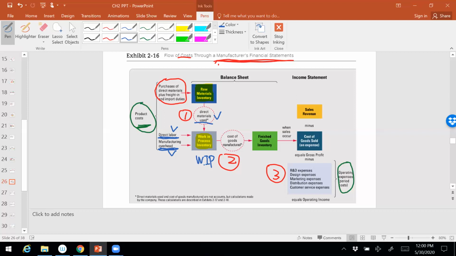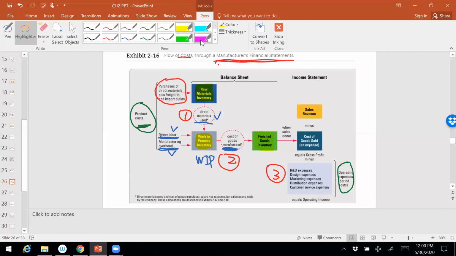And once we have our work in process, that is our cost of goods manufactured. We manufactured some goods, we haven't sold them, we manufactured. And if it's finished goods, it will become our finished goods inventory.